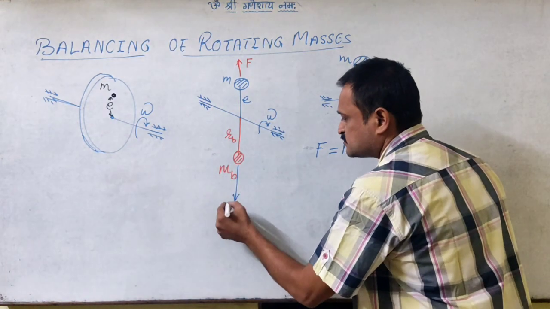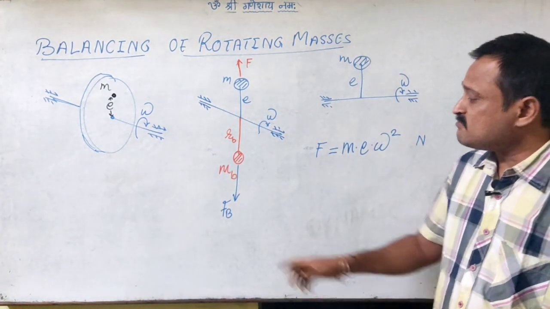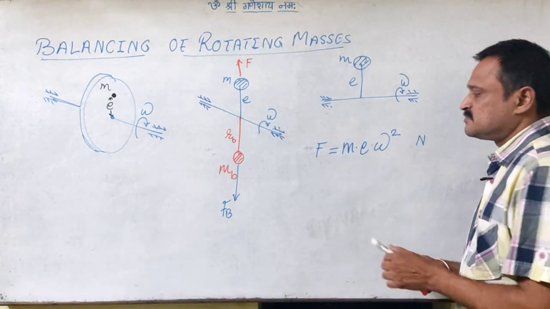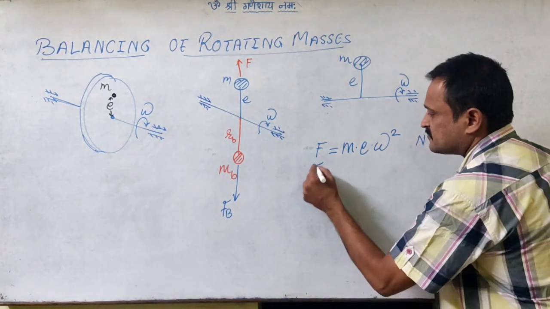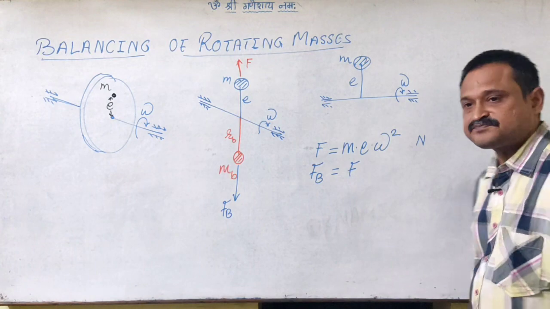It should introduce a force which I'll call the balancing force, whose magnitude should be exactly equal to this disturbing force. So I want this FB balancing force to be equal to this force.